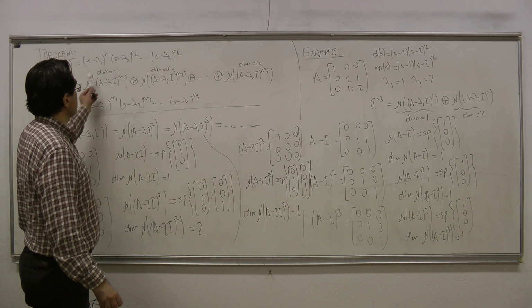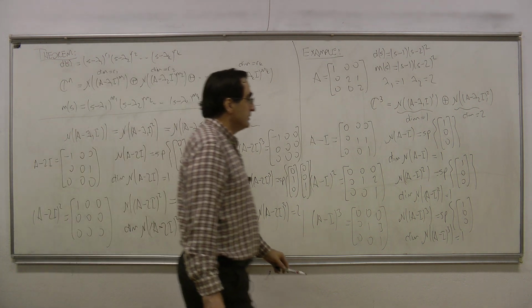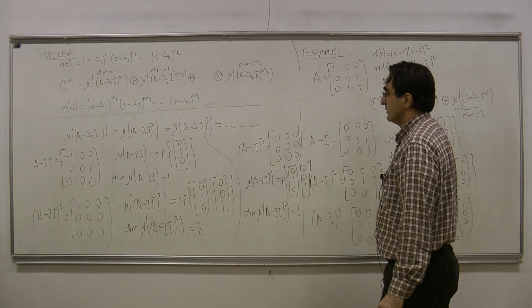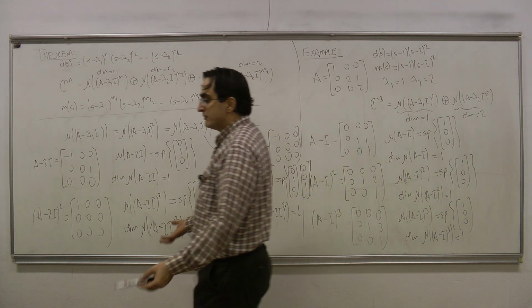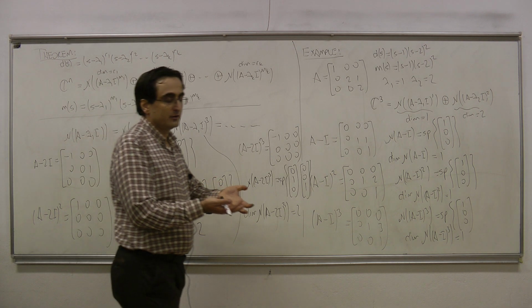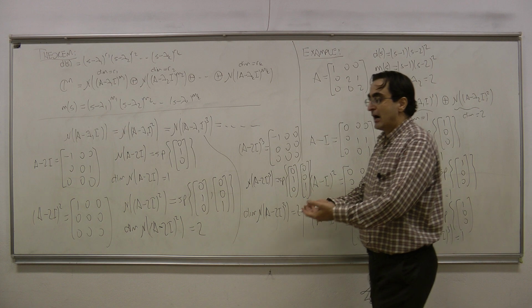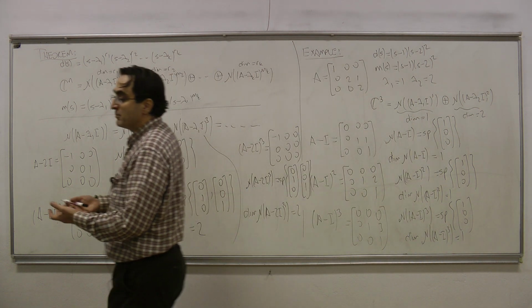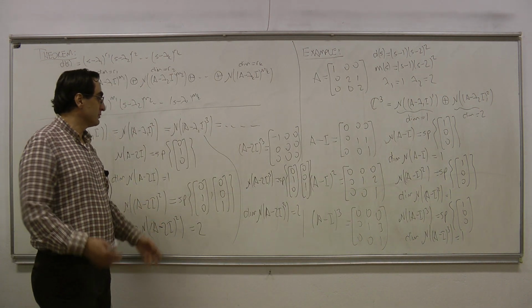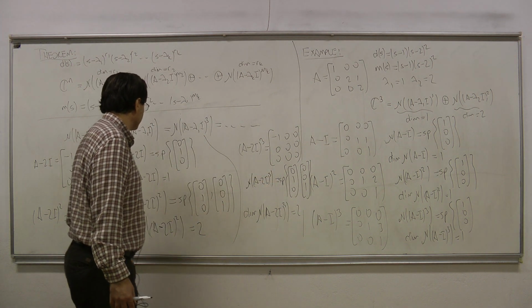Okay? So these null spaces in this decomposition would always be behaving in this manner. So when I increase the power, sometimes they might increase their dimension and their basis vectors, but after some power here, they would stop growing and they would start being the same as the earlier null spaces.